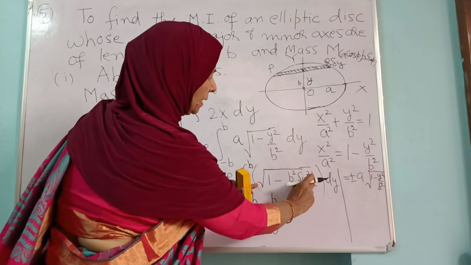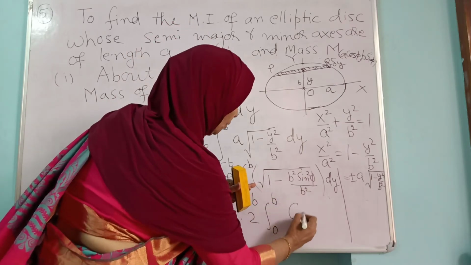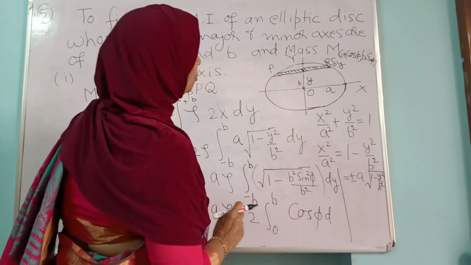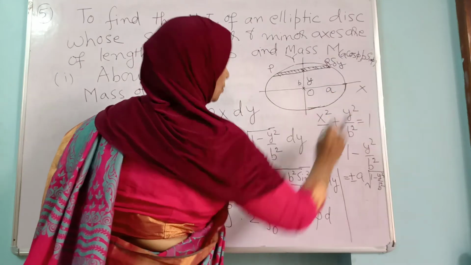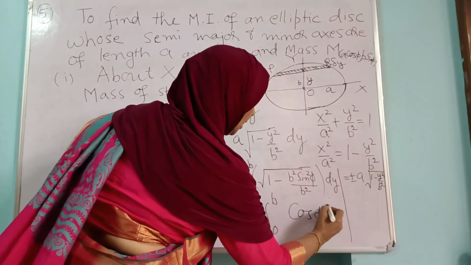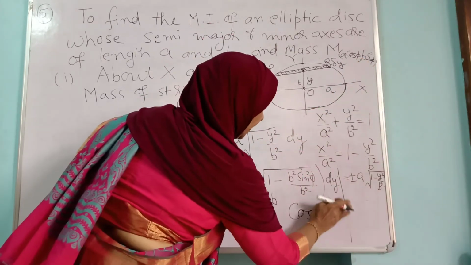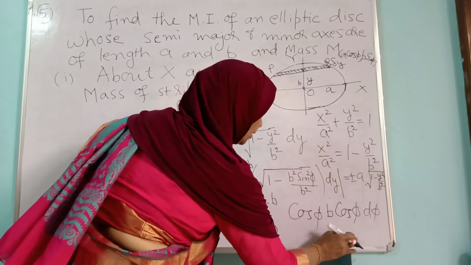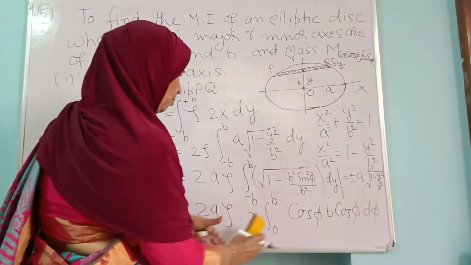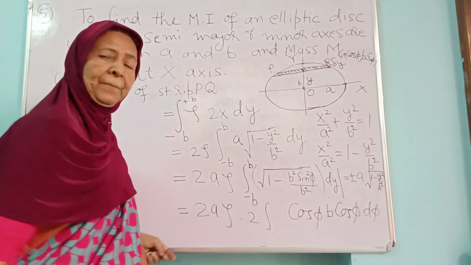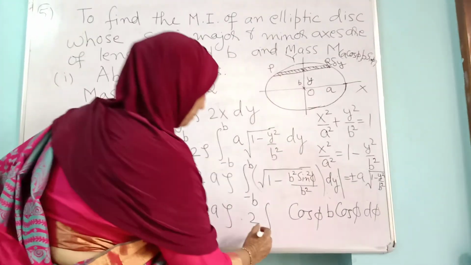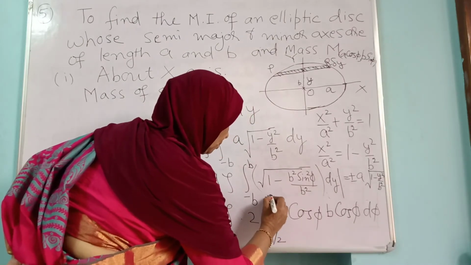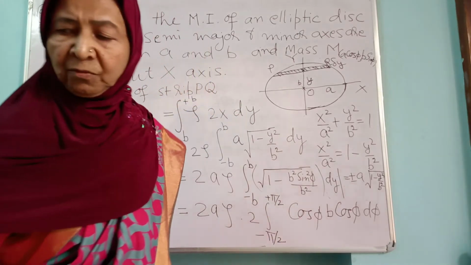So under root of 1 minus sin square phi, that is cos square phi, so you will get cos phi dy. Now what happens to dy? This is y, so dy will be b cos phi d phi. And what is going to be the limit? This is no more 0 to b. It will become minus pi by 2 to plus pi by 2. Why? You know the fact why.